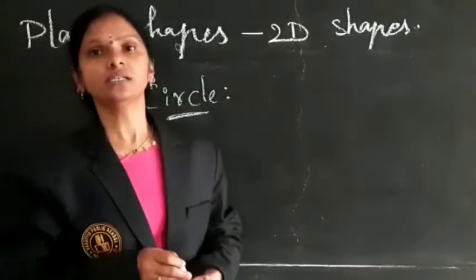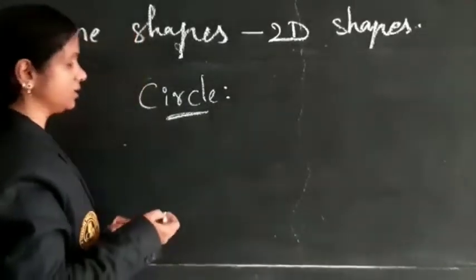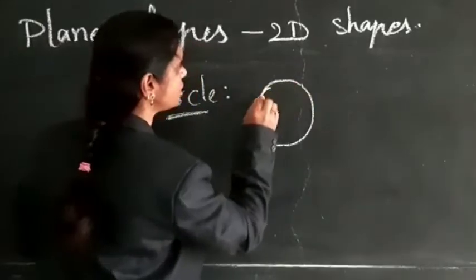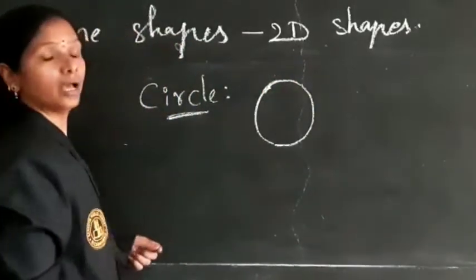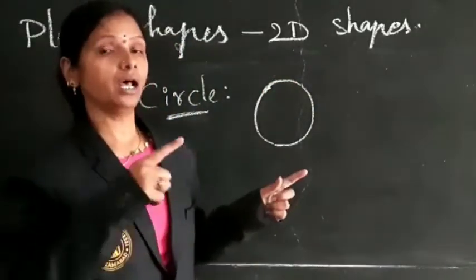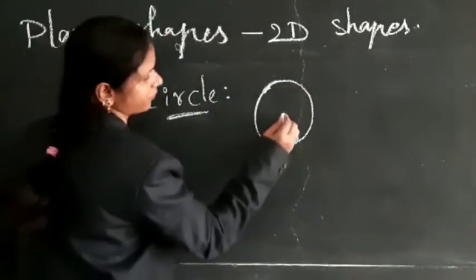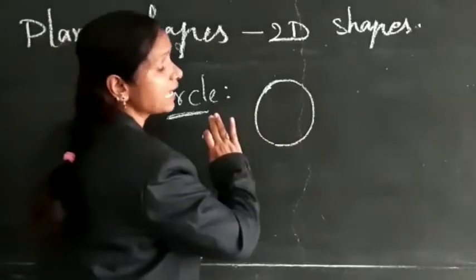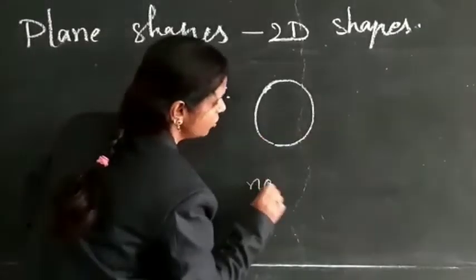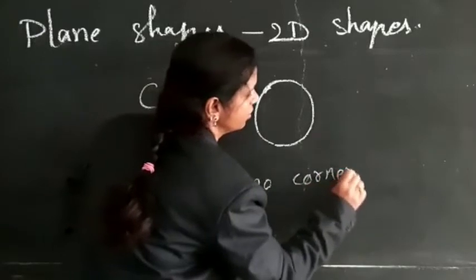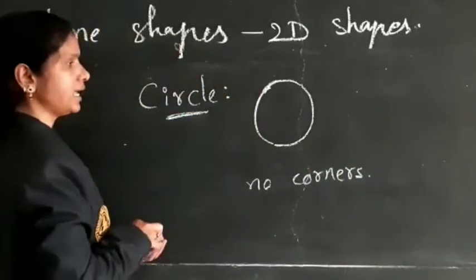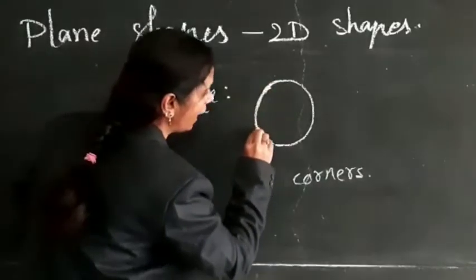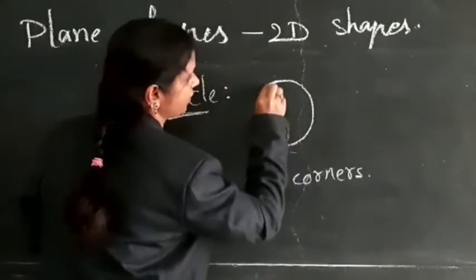Next flat shape is circle, and next 2D shape is circle. Everyone knows a circle. A circle is a curved shape with a round. Here you see. It doesn't have any corner. It has no corner, and it has one curved edge or one curved side.